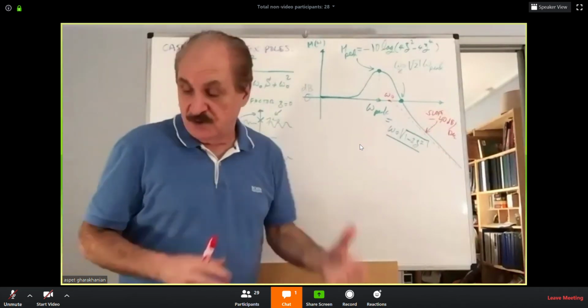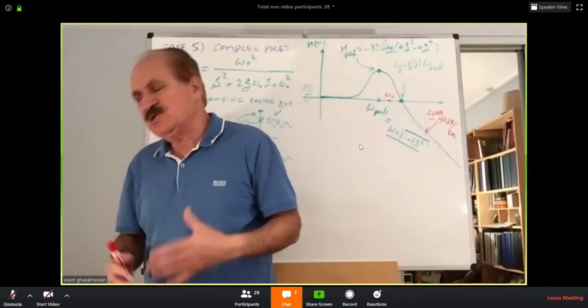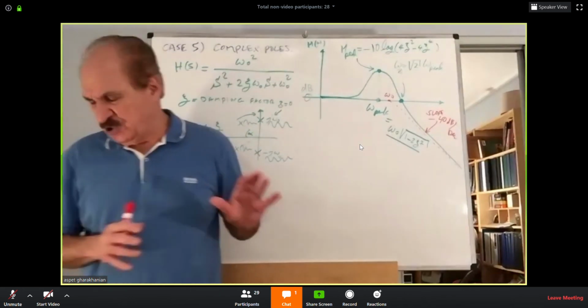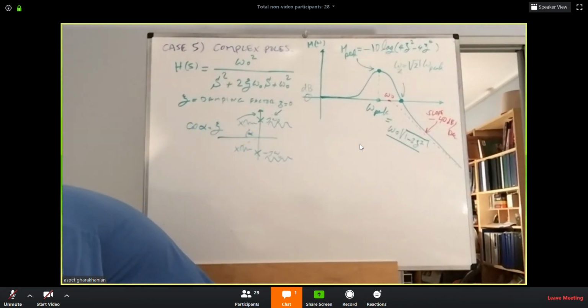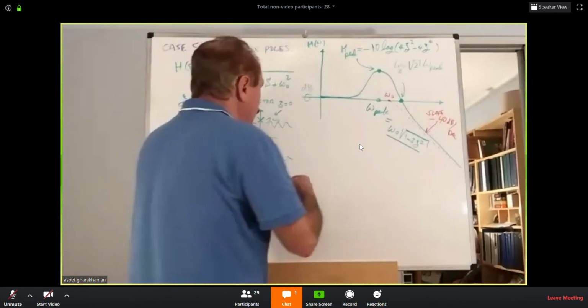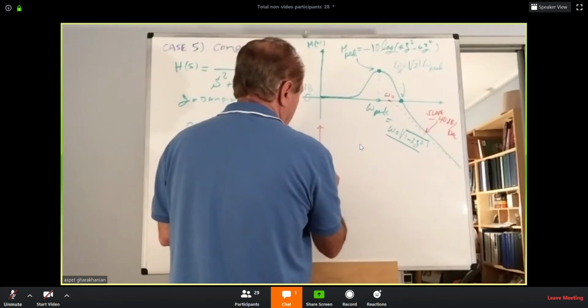I didn't give you any handout on that because the book has already done that work for you. Simply read that section of the book, it will tell you. Also the phase angle. The phase angle will be here.